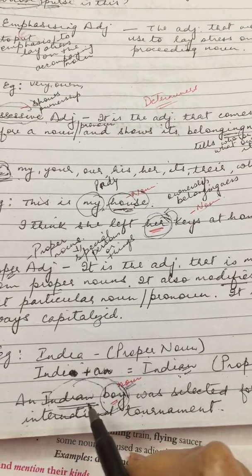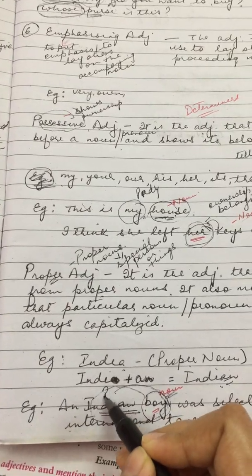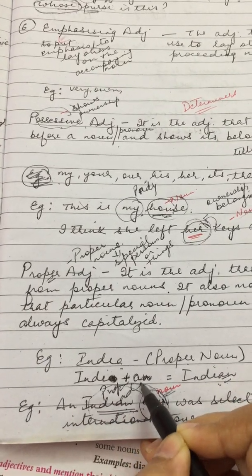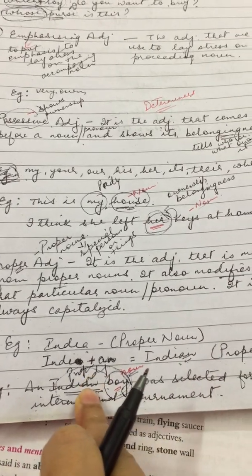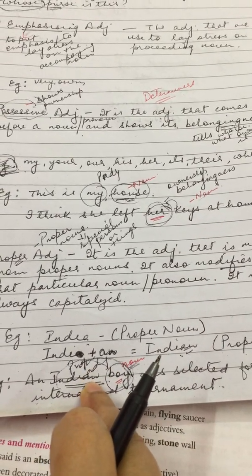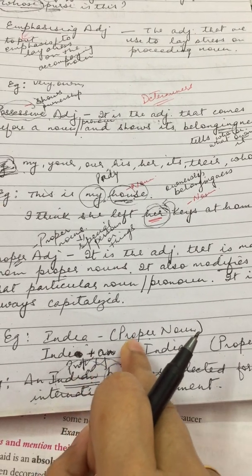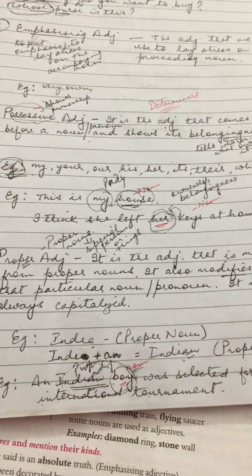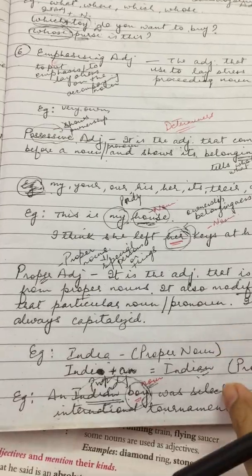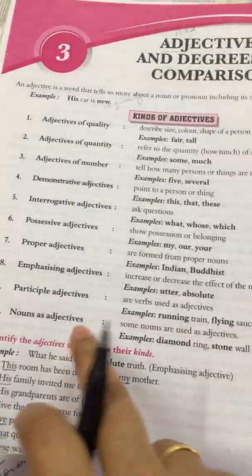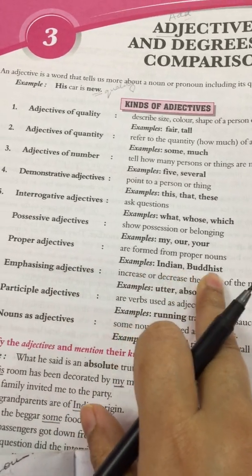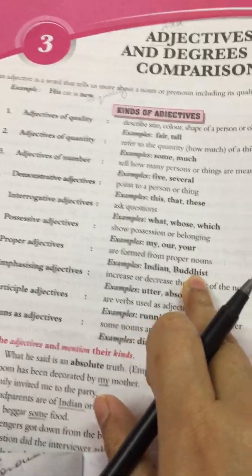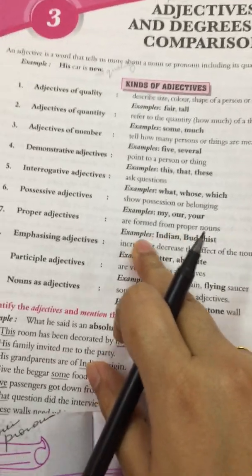So Indian is a proper adjective, and this proper adjective is made from a proper noun called India. So I hope you understand this. Alright. Next one, here also it is given, Indian, Buddhist. Buddhist is derived from the word Buddha.